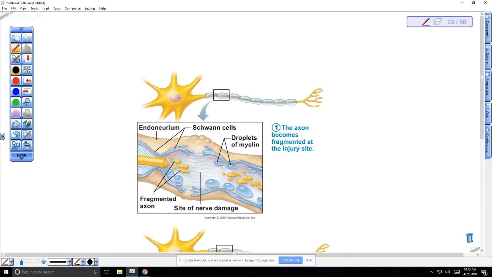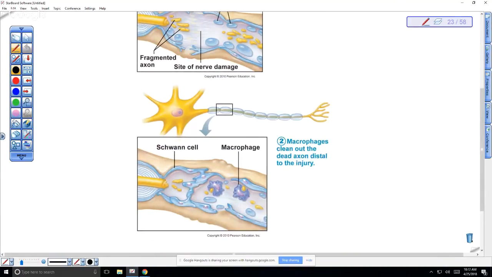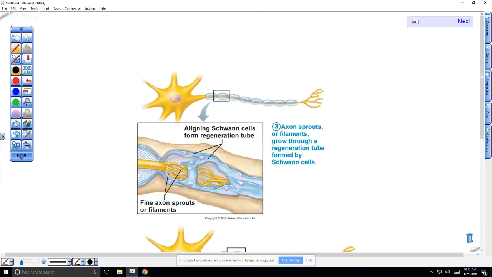Okay. So the first thing is that you have a fragment of the axon, right? Then you have macrophages that go in and clean up the injury. They essentially eat the fragments of the axon. And then the Schwann cells form a regeneration tube. Notice that the Schwann cells reach out their cytoplasm and create a space for the axon to regenerate.